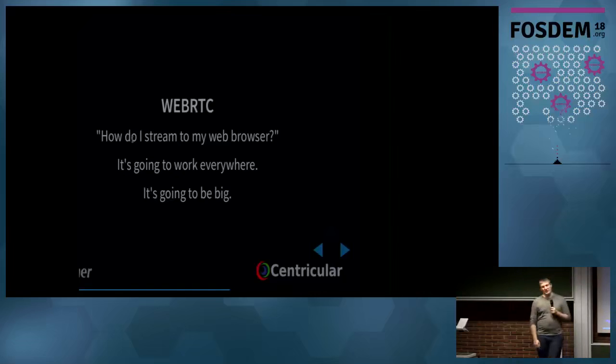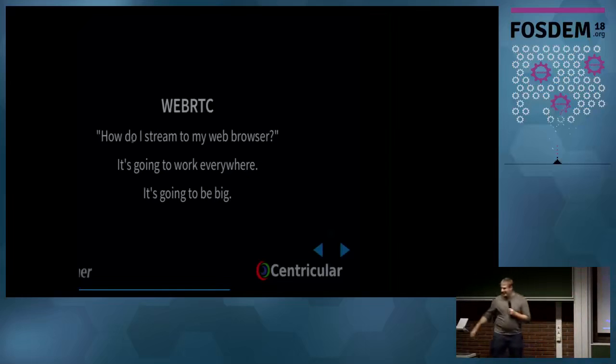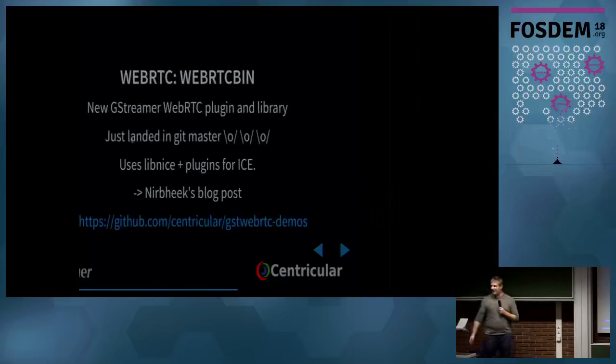But WebRTC, I mean, of course, it has different advantages and disadvantages. Because adaptive streaming, HLS Dash is made to be scalable, but still, I think WebRTC is going to be big because it's going to work everywhere. It's going to work in most recent browsers sooner or later. So we basically have now, yesterday, we merged the GStreamer WebRTC plugin and library into GStreamer bad.